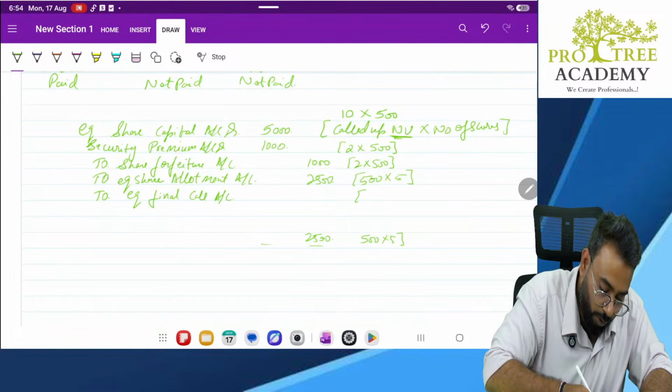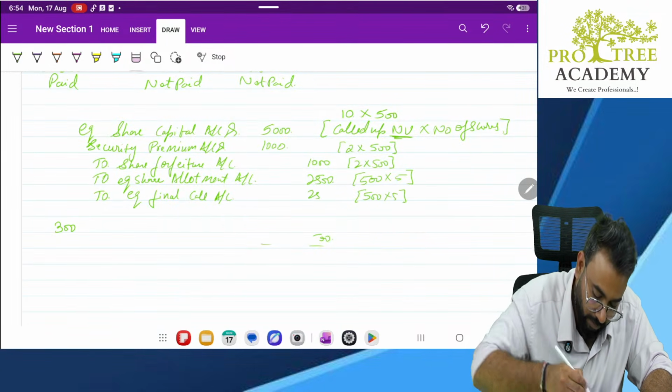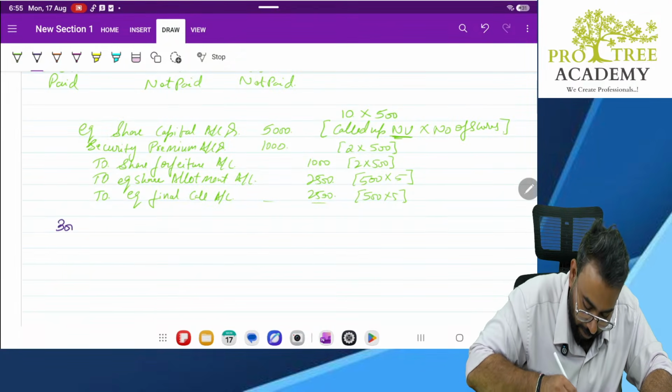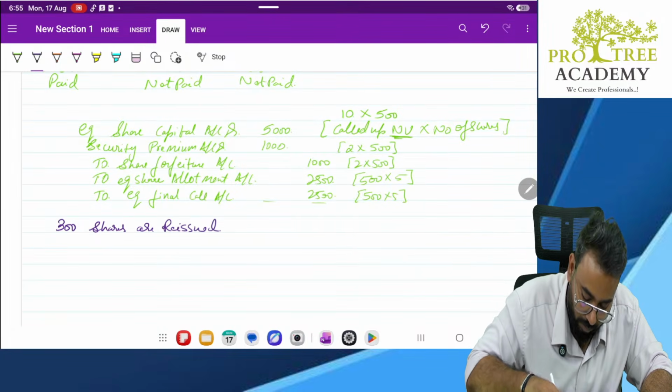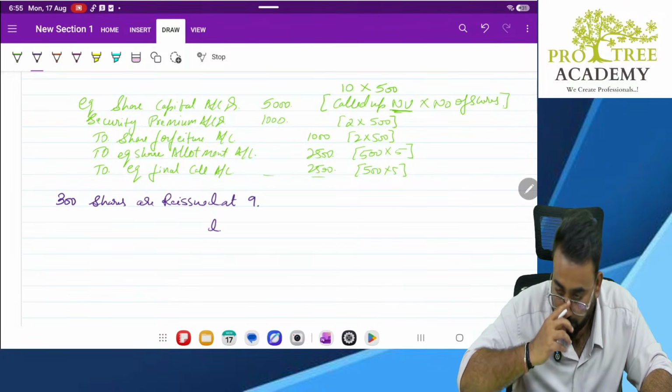Now, out of this, 300 shares are reissued. Correct? Reissued at what? Sir, reissued at 9 rupees.